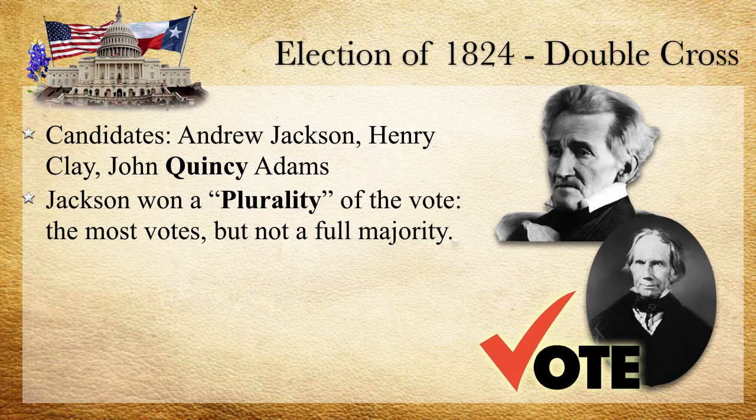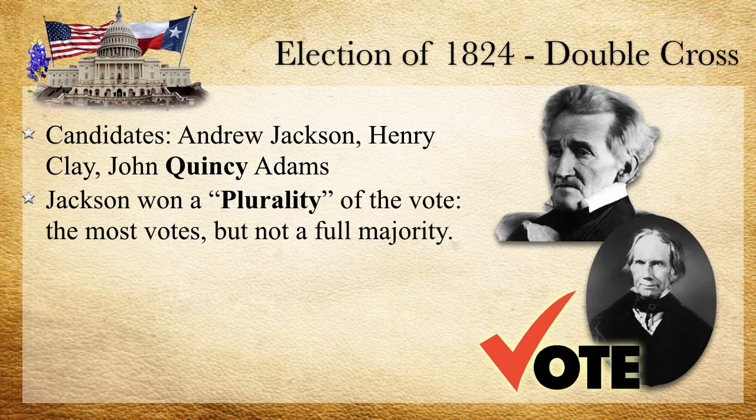As an example, if we had 200 votes total, if you got 80, another candidate got 60, and another candidate got 60, that's 200 votes. You got more than candidate B and C, but you didn't win a full majority. That's called a plurality. And in the Constitution, when candidates get a plurality, it goes to the House of Representatives. In this case, that's exactly what happened.